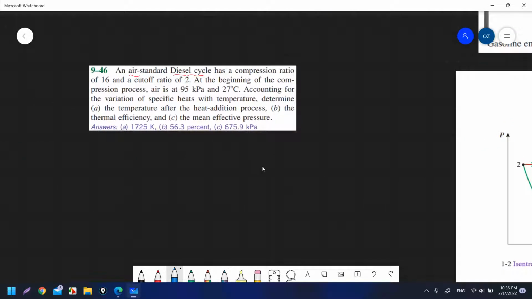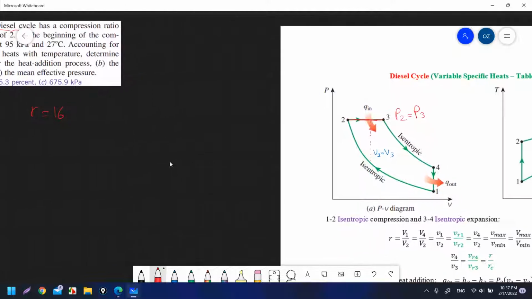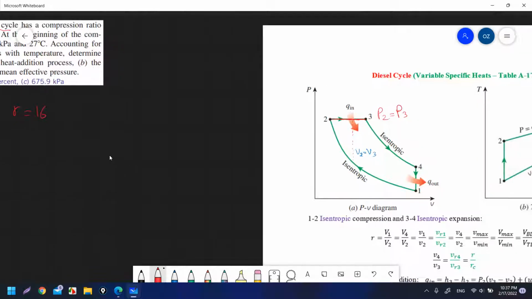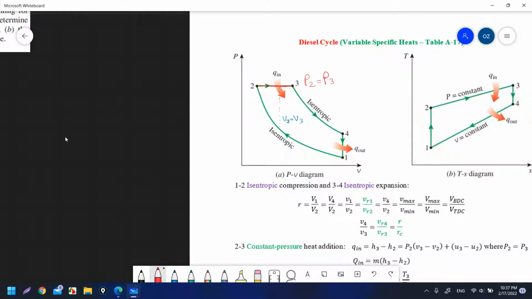For the compression ratio, we have a compression ratio of 16. Usually in the Otto cycle, the compression ratio was the ratio between V1 over V2, or the V maximum over V minimum. Here also the same. It is the ratio between V1, the volume at BDC, or the maximum volume, over the minimum volume at state 2.